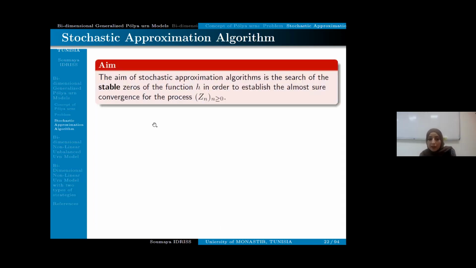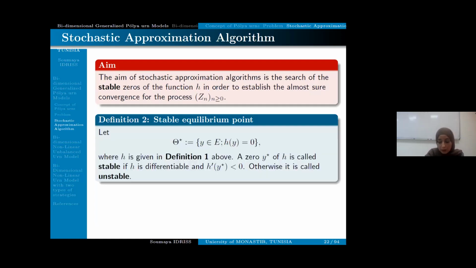As a matter of fact, the aim of stochastic approximation is the search for the stable zeros of the function h in order to establish the almost sure convergence of the process Zn. For that, we define the set of zeros of the function h, denoted theta star.